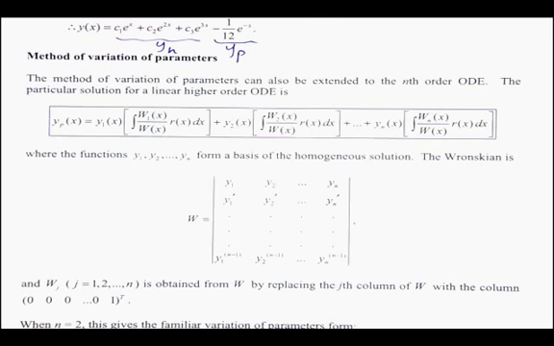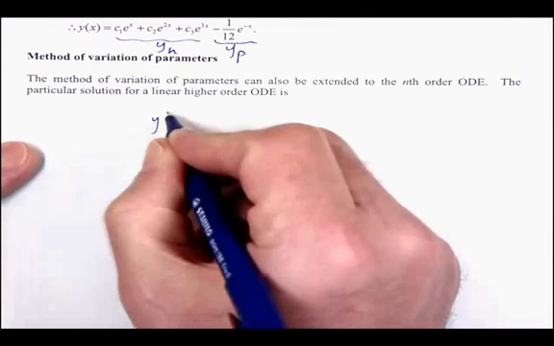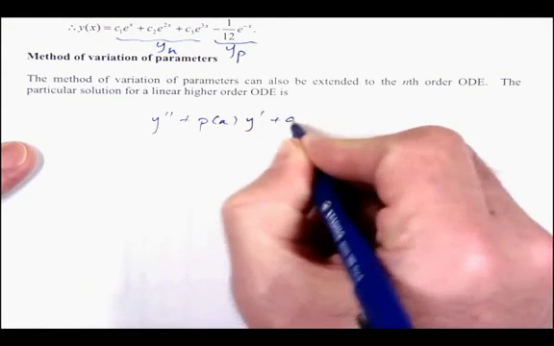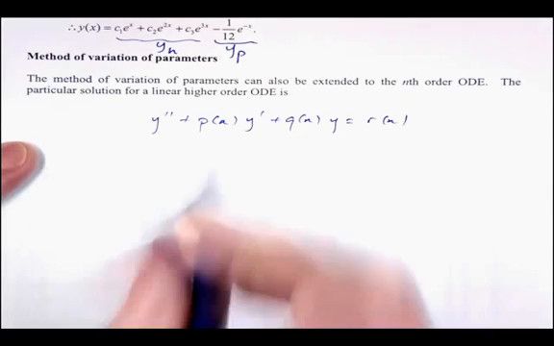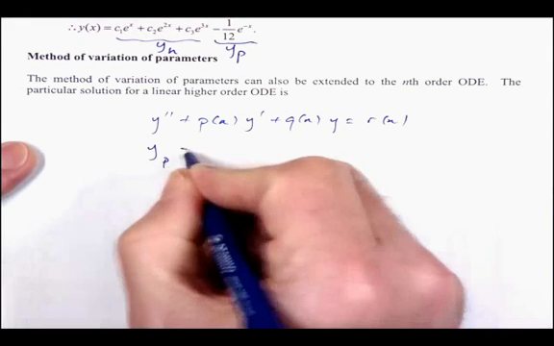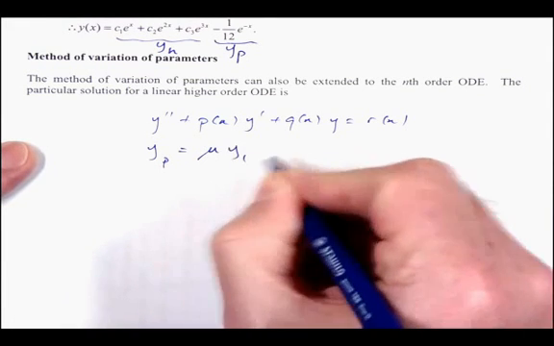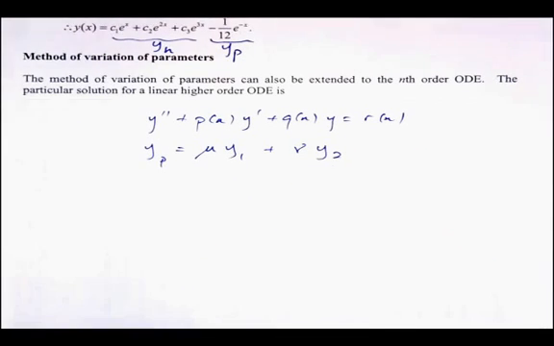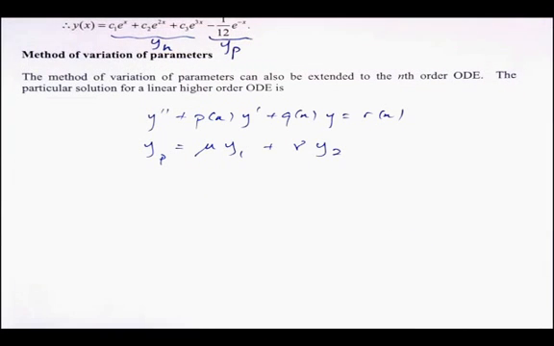Now let's remind ourselves as to where this came from. For a second order equation, the particular solution comes from something that's like the homogeneous solution. y1 and y2 are the parts of the homogeneous solution, and the homogeneous solution would be a constant times y1 plus a constant times y2.